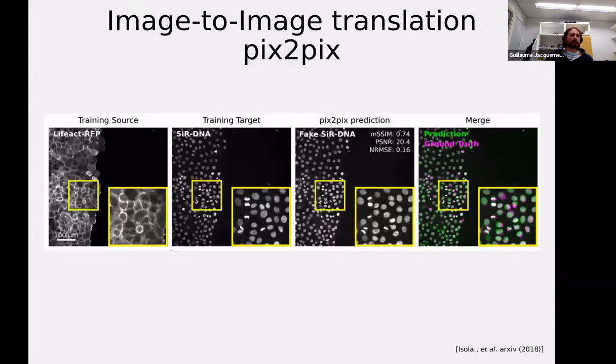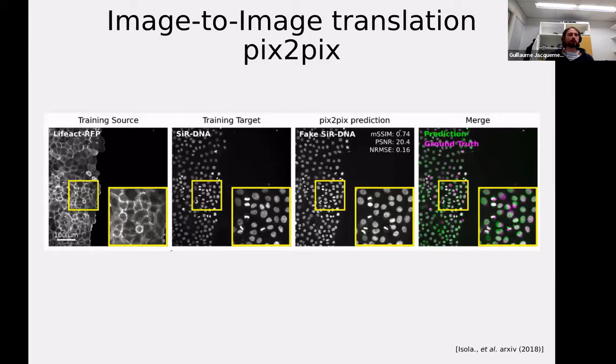The final task that I want to highlight that you can use deep learning for is image labeling. By that, I mean artificially labeling your image. Let's say you have a picture of an actin staining here, and you would like to predict from this actin staining where the nuclei will be in your images.